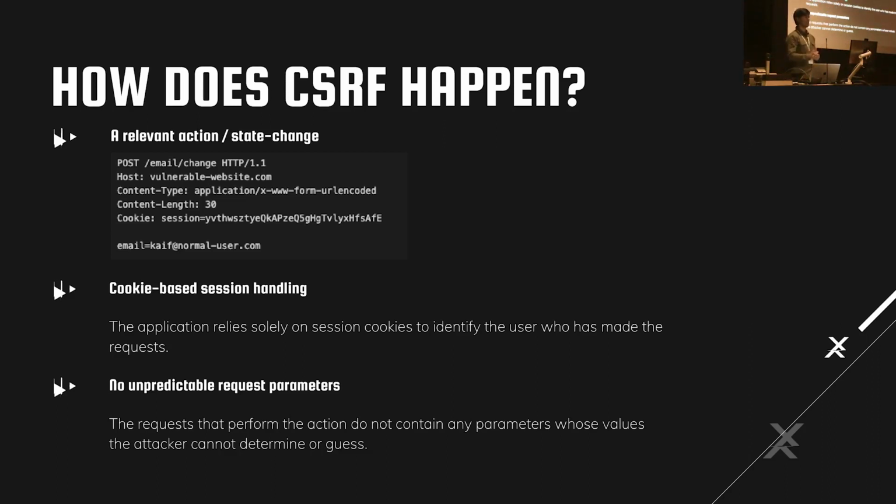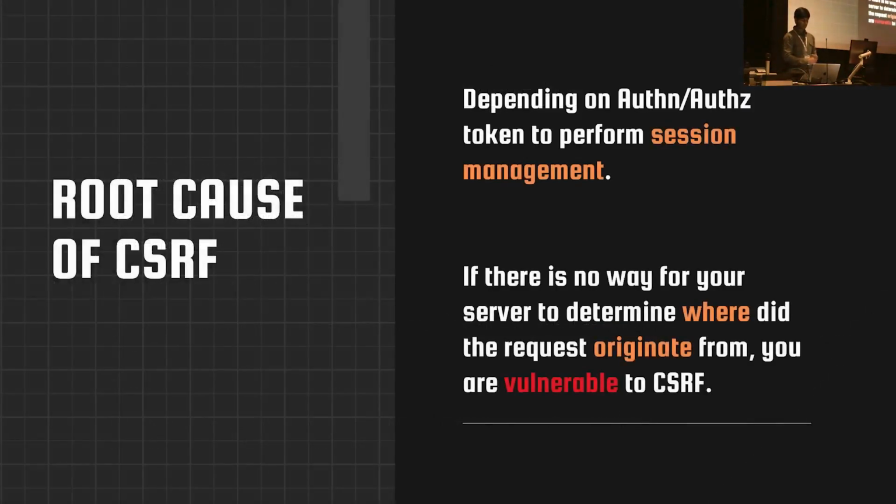If you're relying on just authentication tokens or cookies to do session handling, that's a big no-no. And there are no unpredictable request parameters. So again, the root cause is when you use your authentication tokens to do session management.